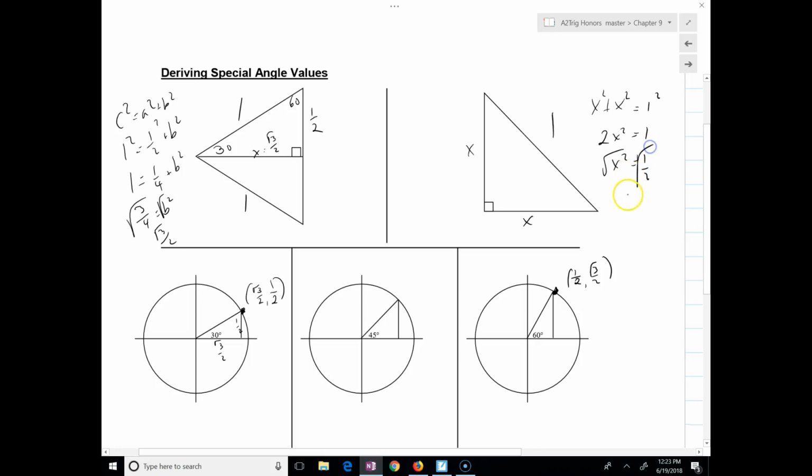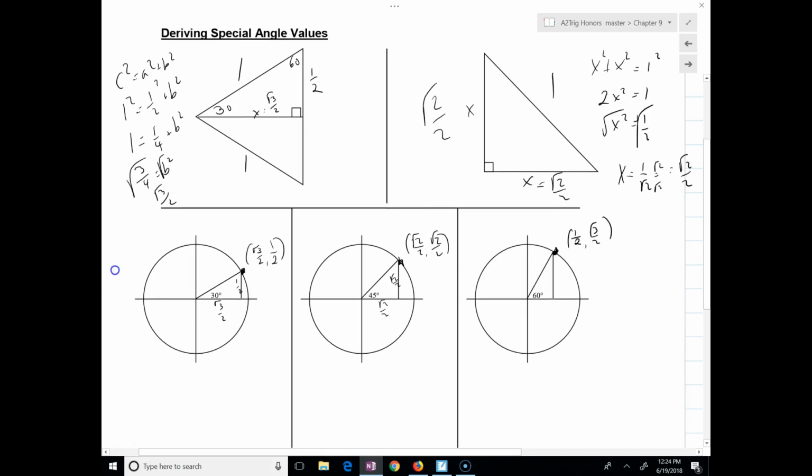The square root, x equals 1 over the square root of 2, which we know multiplied by radical 2 over radical 2, is radical 2 over 2. So that's radical 2 over 2 and radical 2 over 2. So this point, well, they're the same over and up. So that's radical 2 over 2 and radical 2 over 2. Or if you want to think about it, this side is radical 2 over 2 and you're radical 2 over 2 going up.